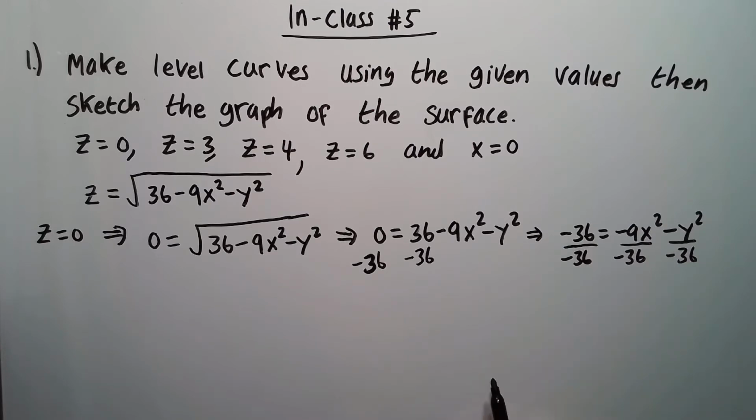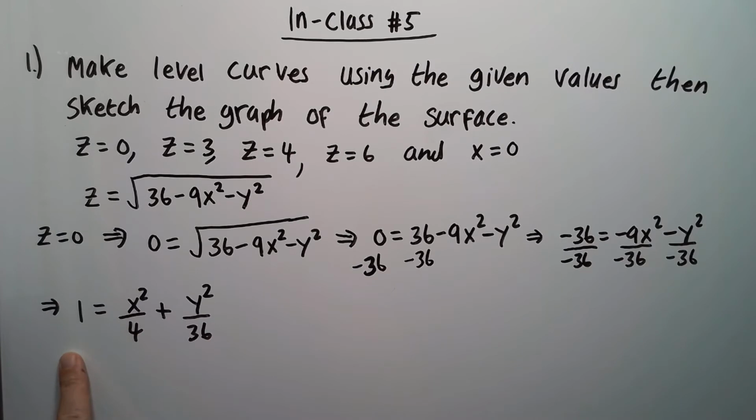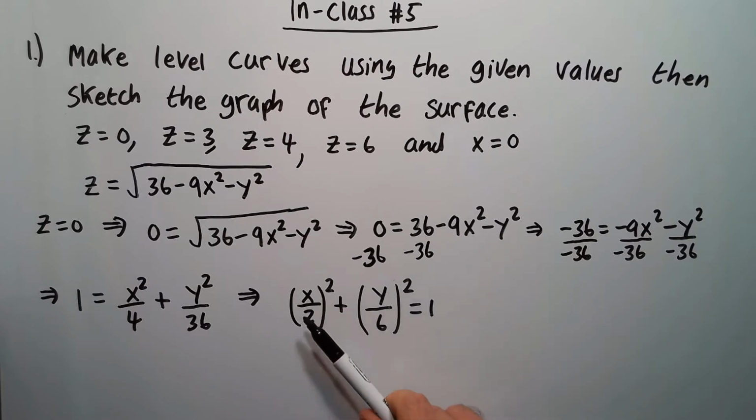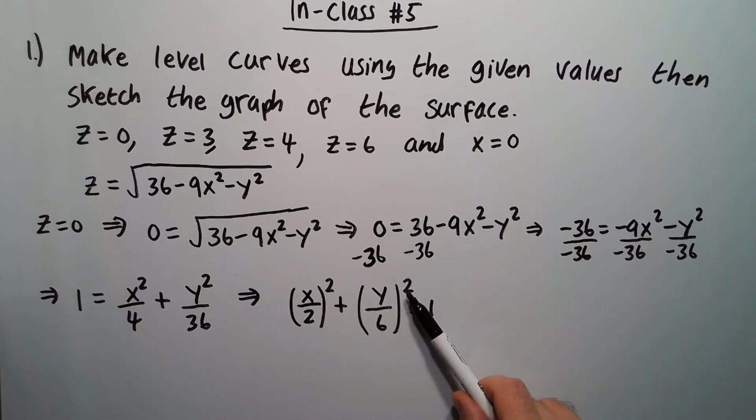So dividing here, this becomes 1 equals x squared over 4 plus y squared over 36. I'm going to write the x squared over 4 as x over 2 the whole thing squared, and this as y over 6 the whole thing squared. Then we can write (x/2) squared plus (y/6) squared equals 1.